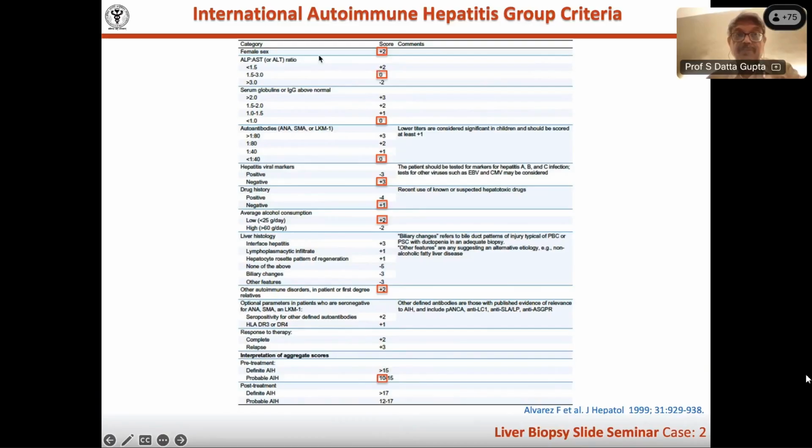So this is rubbish, no? Any normal lady without any of these serological abnormalities, without viral markers, without a drug history, without alcohol consumption, and no first degree relative with autoimmune disease will become a probable AIH.